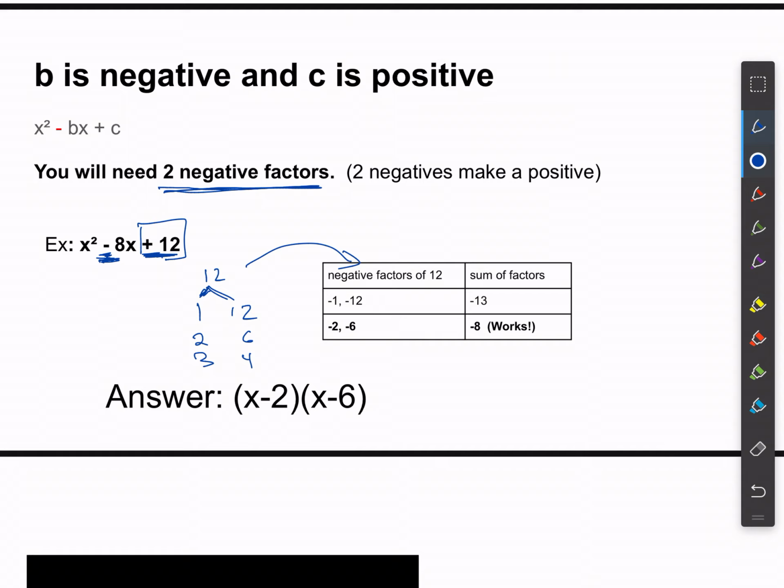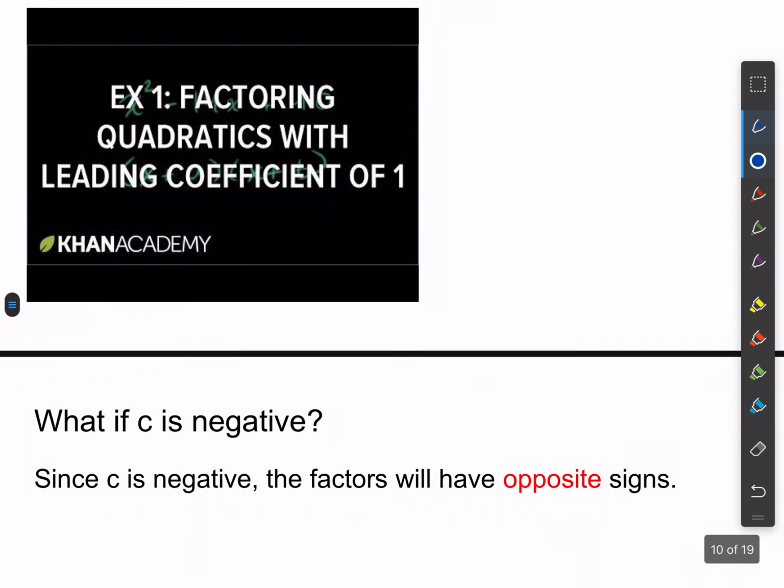We're looking for two things that give me a possibility of 8, because 8 is the middle, but 8 is negative. 2 and 6 give me 8, but they would both have to be negative, because negative 2 times negative 6 gives me 12, but negative 2 plus negative 6 gives me negative 8. So when I go to factor that, I get x minus 2, x minus 6.